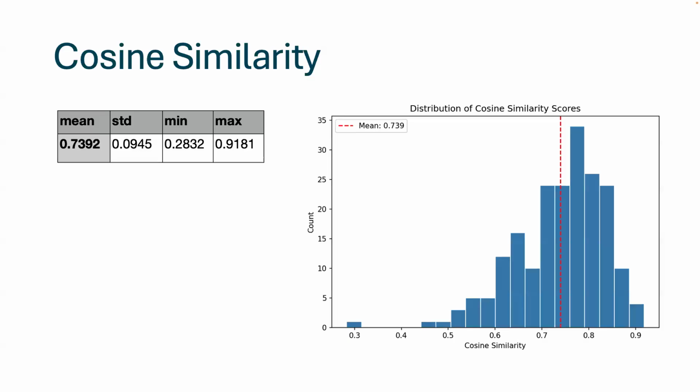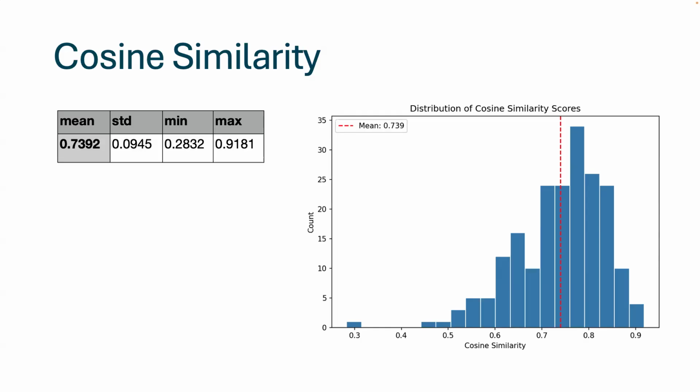The average score, right around 0.74, shows a fairly strong similarity. The standard deviation is small, indicating that the scores are close together, which shows that the system is consistent. There are some outliers. There were 3 scores below 0.5, and the minimum score is 0.28.